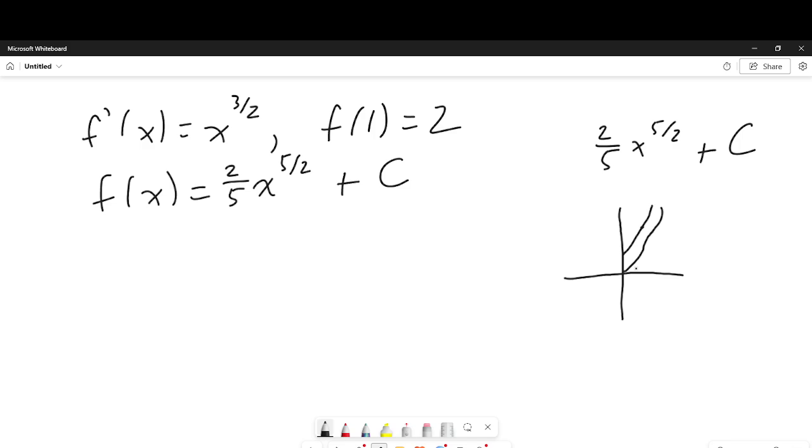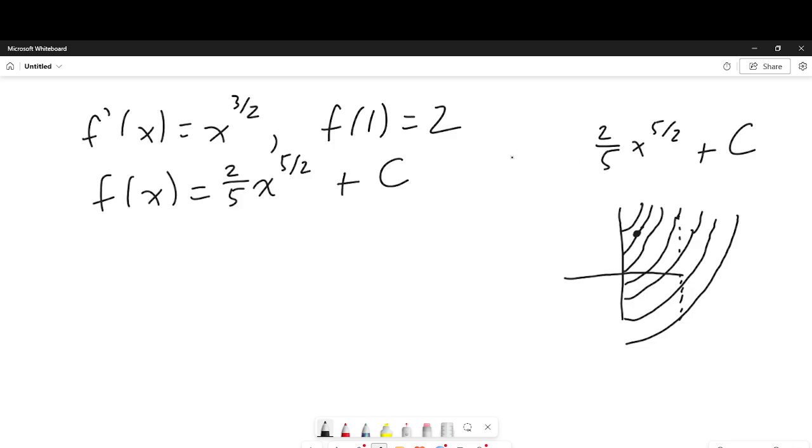But what we would get is a whole bunch of them that would all be kind of parallel. All these functions will have the same derivatives because they're all parallel to each other. So if you give me an x, they would all have the same slope there. But if we also know that it goes through this point, let's say 1, 2, then that tells me exactly which one we're dealing with.